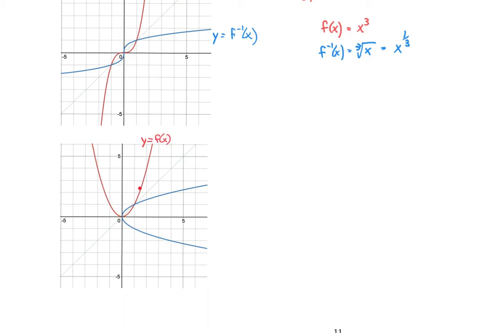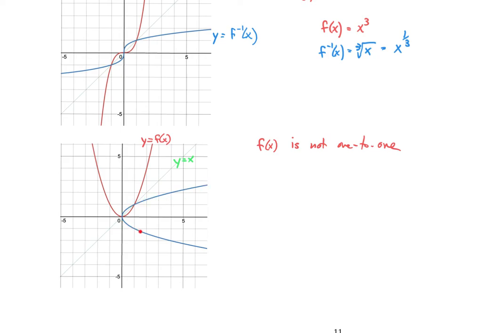But in this particular case, f of x is not 1 to 1. Now let's see what happens when we reflect across the line y is equal to x in green. When we do that, we get the blue graph.